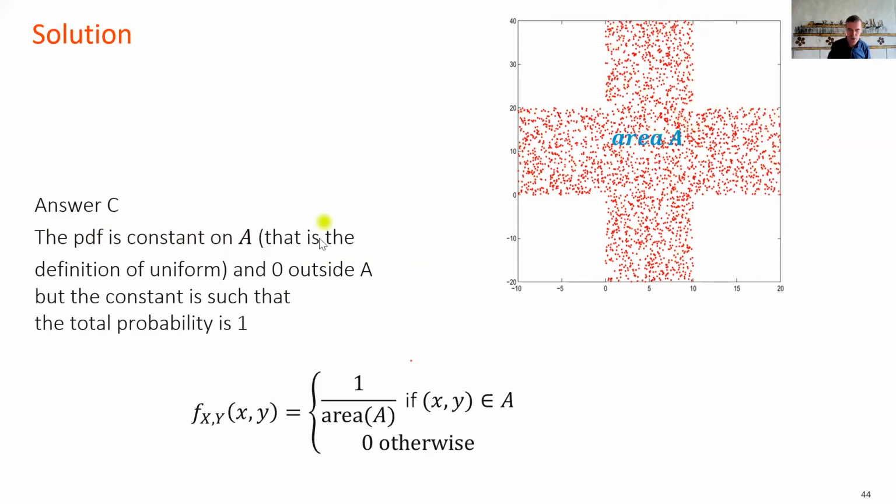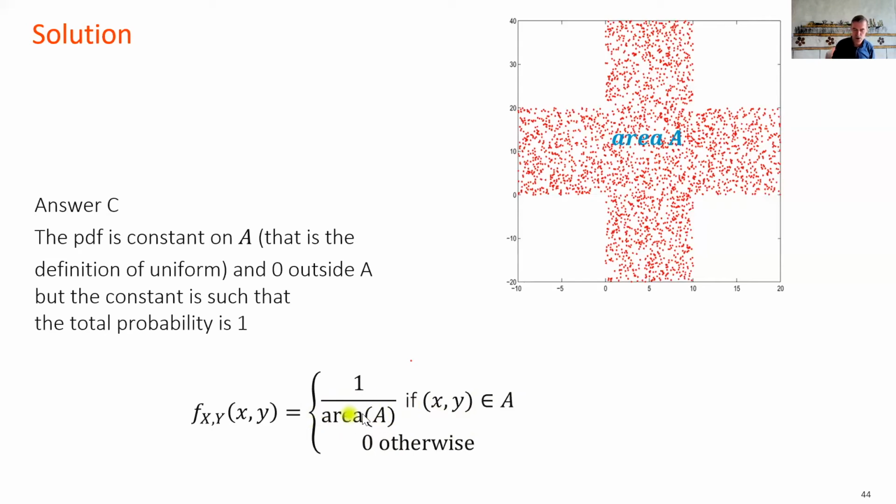Now, what the value of the constant is, well, in fact, it cannot be 1. So the first answer was almost correct, but the constant must be such that the total probability is 1. So the true answer is this one. The PDF of X, Y is 1 divided by the normalizing constant when X, Y is in A and 0 otherwise here.